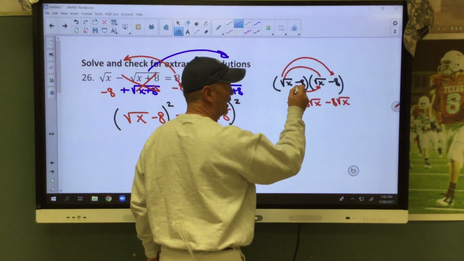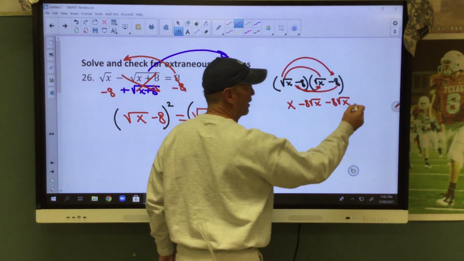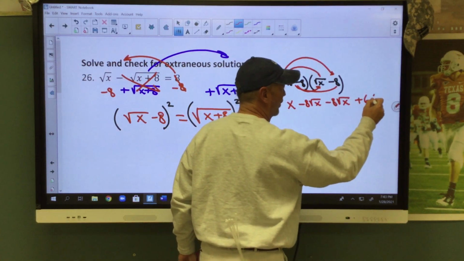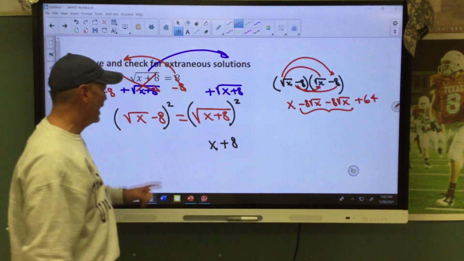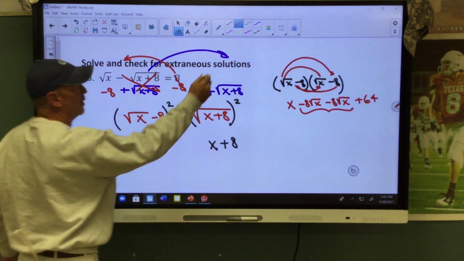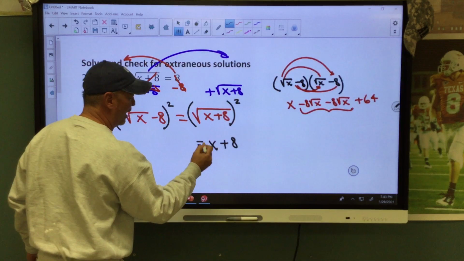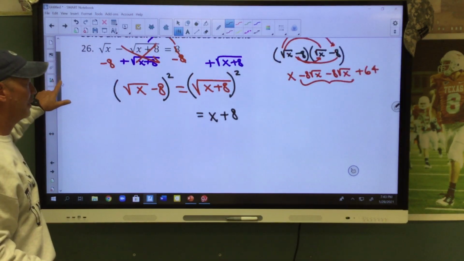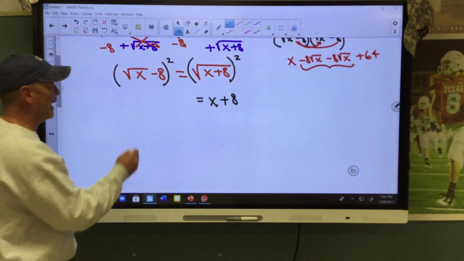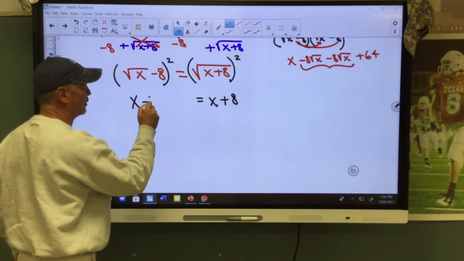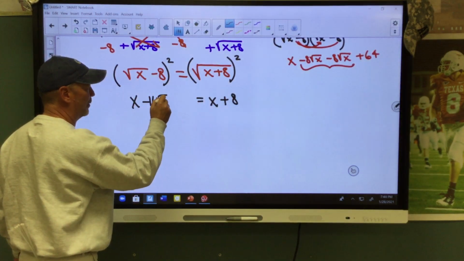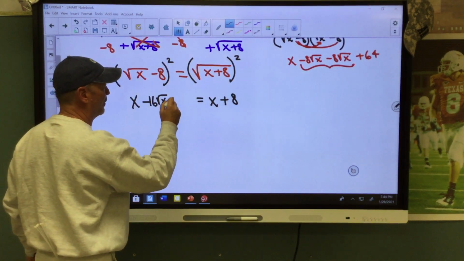And then we come to the back end and distribute, and negative 8 times negative 8 is a positive 64. We will combine like terms. Let me move this to the top so you can see better. That will give me x minus 16 square roots of x plus 64.